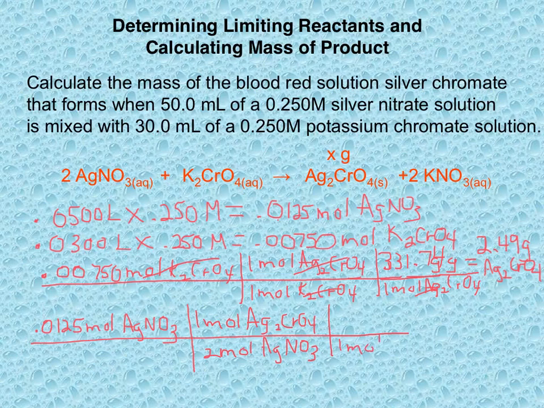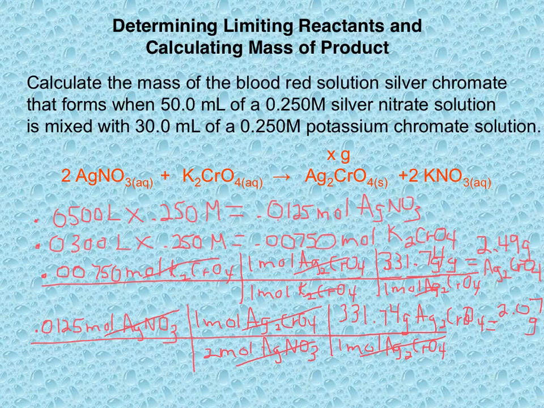Every 1 mole of silver chromate has a molar mass of 331.74 grams. Check our labels. Moles of silver nitrate cancel, moles of silver chromate cancel. We get grams of silver chromate. And when you do the math, this turns out to be 2.07 grams.